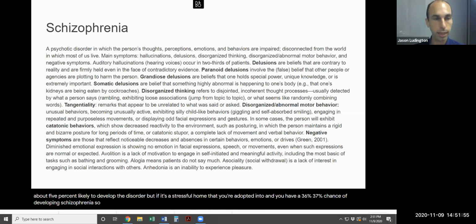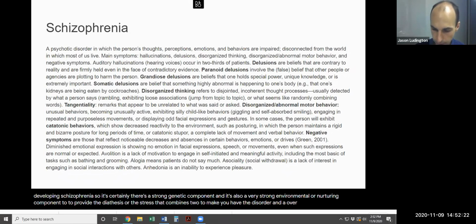So it's certainly a strong genetic component, and it's also a very strong environmental or nurturing component to provide the diathesis or the stress that combines to make you have the disorder.